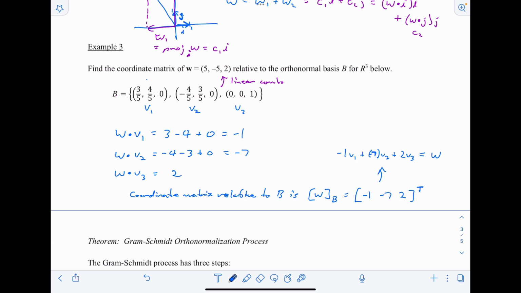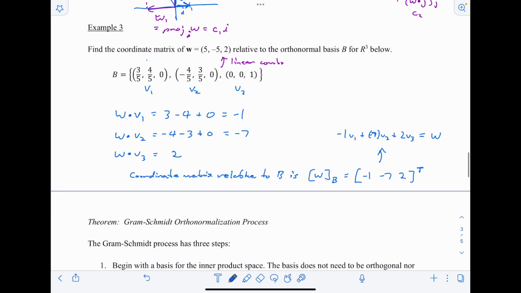So all this is doing is exactly what we did in chapter 4, finding those coefficients, those scalars, except in a much more streamlined process because we don't have to set up the system of equations that we then have to solve. All we have to do is find these dot products and that's it, and you're done.